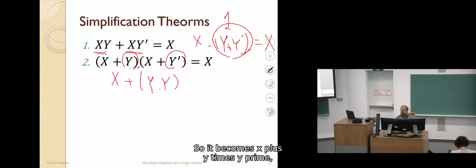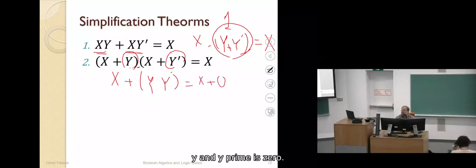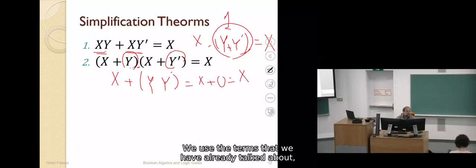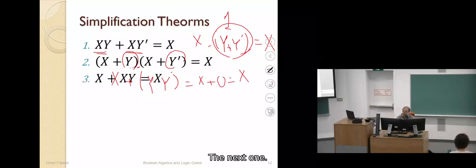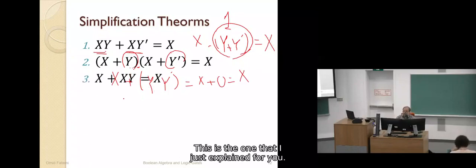So it becomes x plus y times y prime. y and y prime is 0, so x plus 0, and the result would be x. We used the terms that we have already talked about to get the result. The next one: this is the one that I just explained for you with the table, so I won't do it.